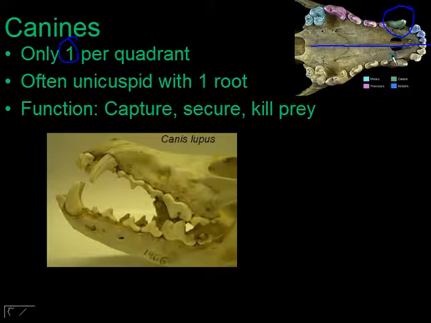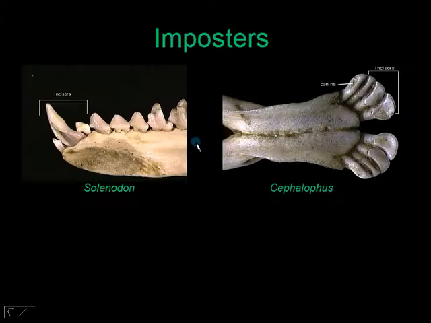The first two quadrants here are shown here. Mainly, canines function to capture, secure, or kill prey, which is why for carnivores they're very prominent, as in your wolves and your big cats. So the canines are found there.